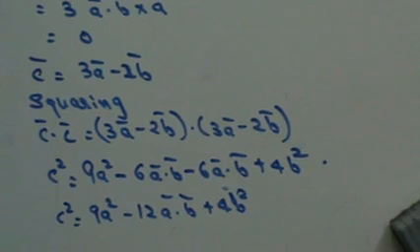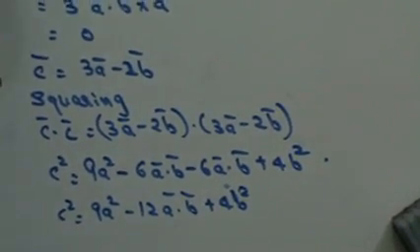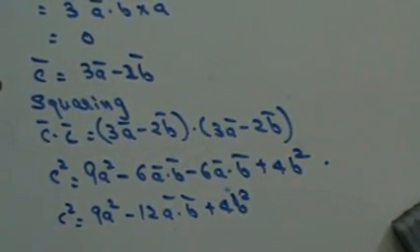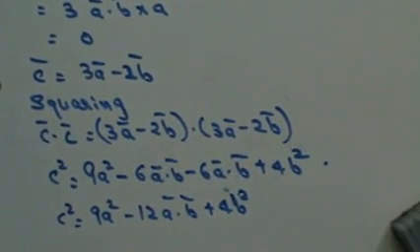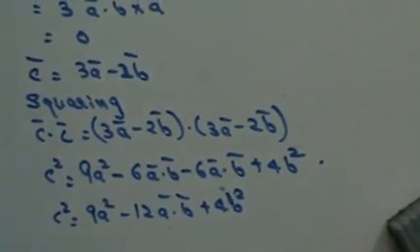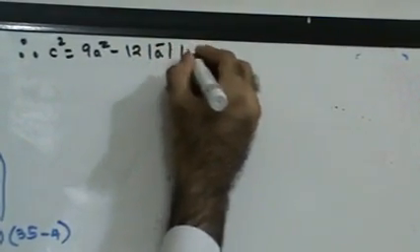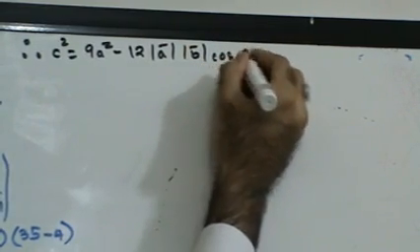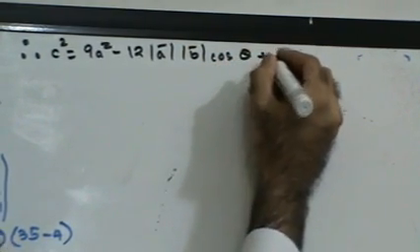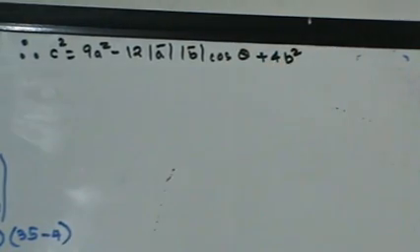Now the dot product of two vectors is nothing but the magnitude of the two vectors and the cos of the angle between them. Therefore, I can say that c square is equal to 9a square minus 12 times the magnitude of a vector, the magnitude of b vector and cos of the angle between them, plus 4b square.